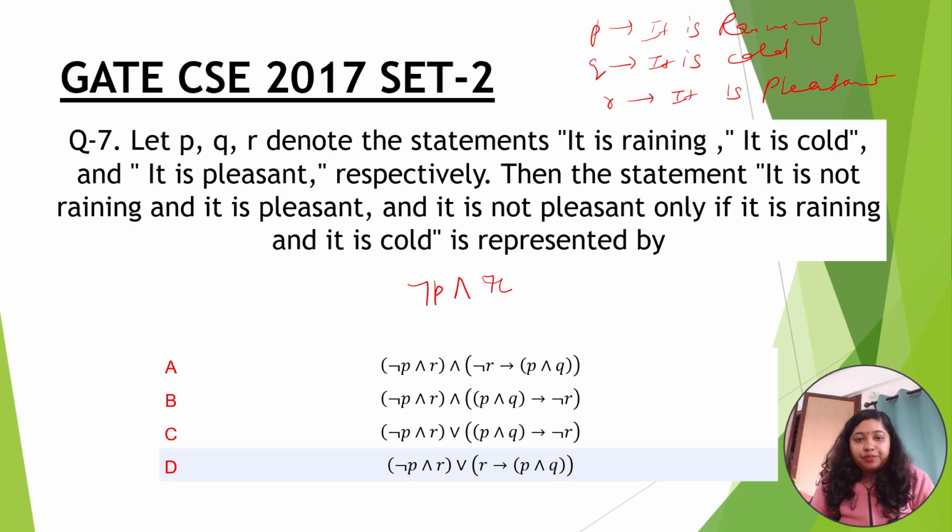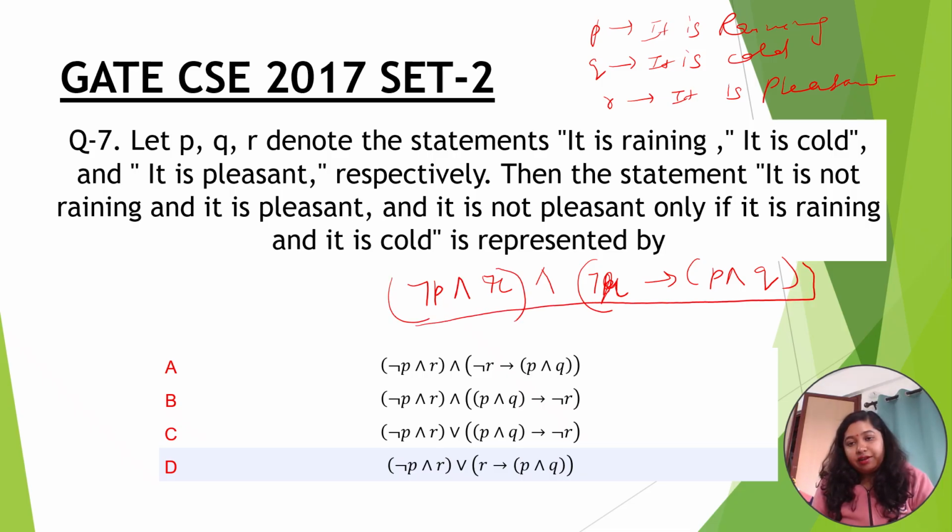Okay. And second part में दिया हुआ है हमें, and it is not pleasant, it is not pleasant if it is raining and cold. So can you just write this from the above statement?